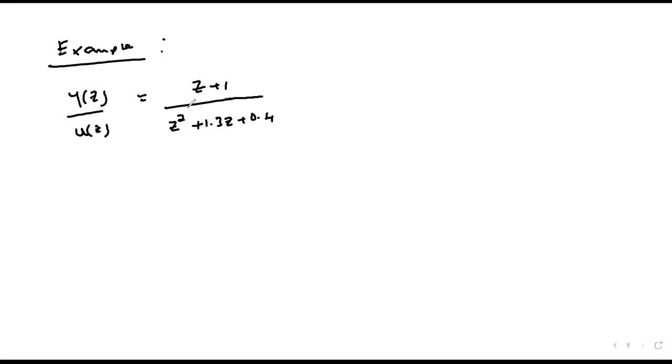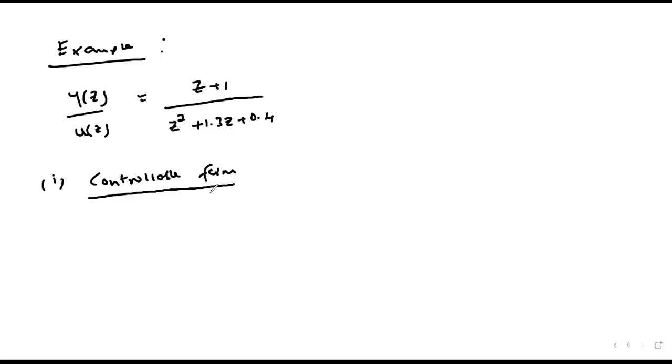We are to obtain the state space representation of the system in the controllable, observable, and the diagonal canonical forms. So we start with the controllable canonical form.